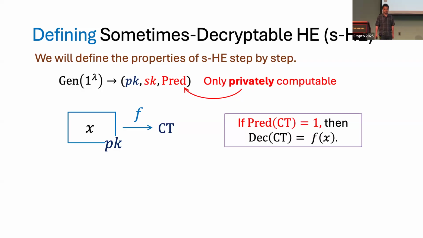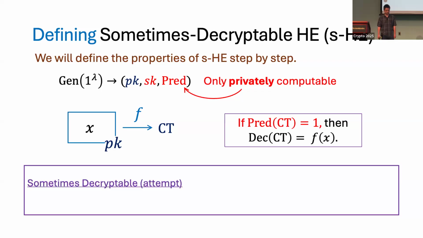And if the ciphertext satisfies this predicate, then the decryption must be correct. So this is the requirement we have on this predicate. Next, we need to lower bound the probability that, given any ciphertext, this ciphertext satisfies this predicate.